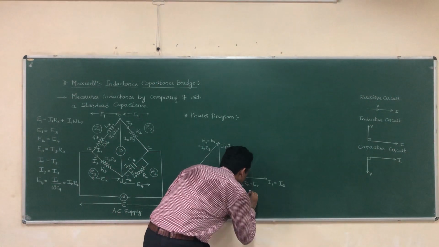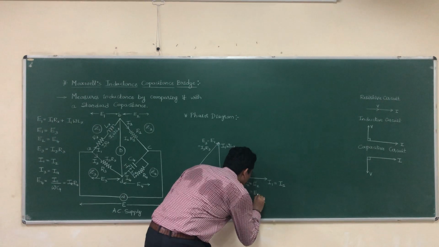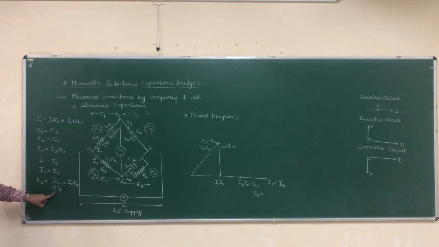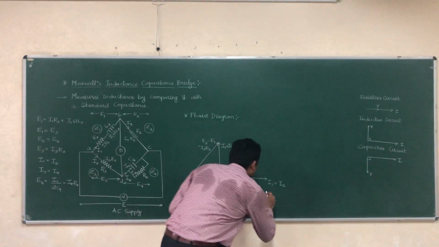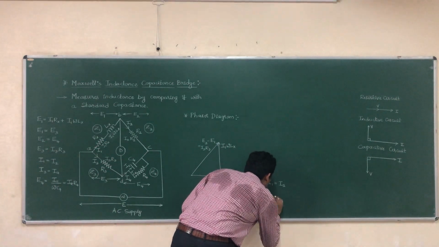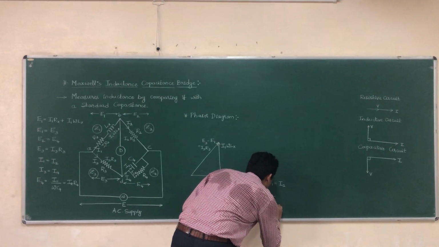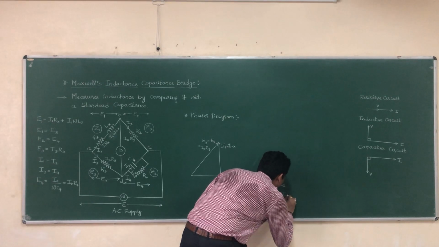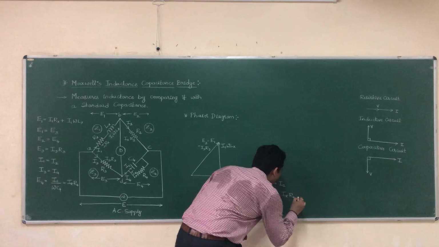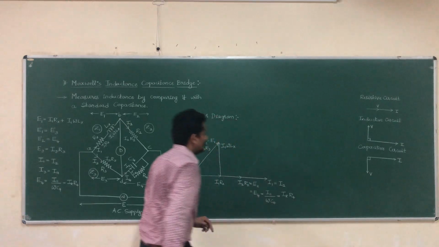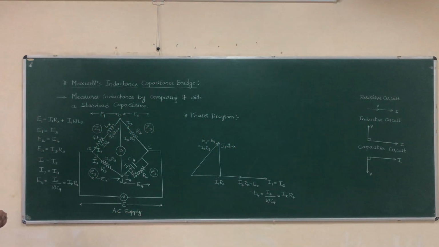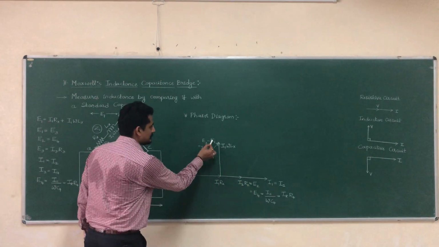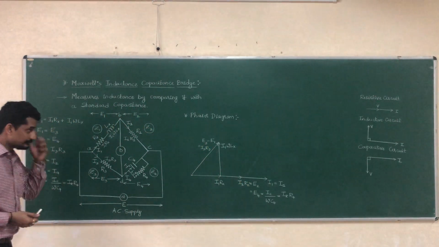This E4 is equal to IC upon omega C4, which is also equal to IR R4. Now, this is E2, E4, and this is E1, E3.